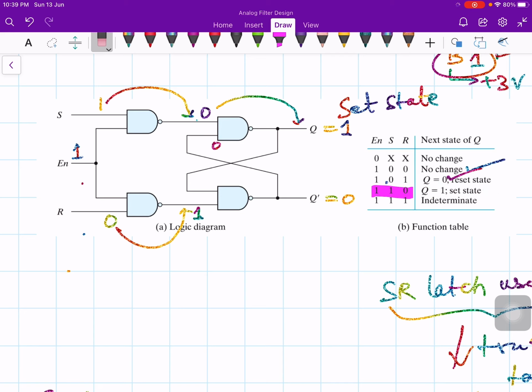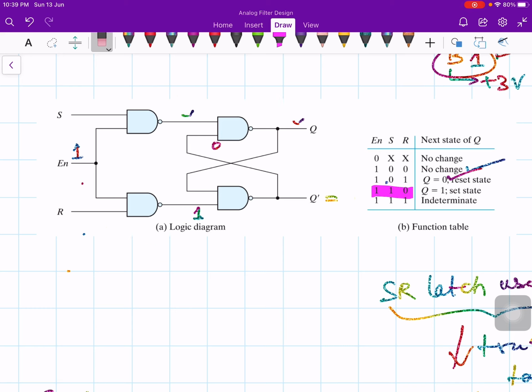Now the last one is the fifth row. So let us see. The fifth row is all 1s. This is 1, this is 1, this is 1. So this 1 becomes 0 here, and this 1 becomes 0 here.